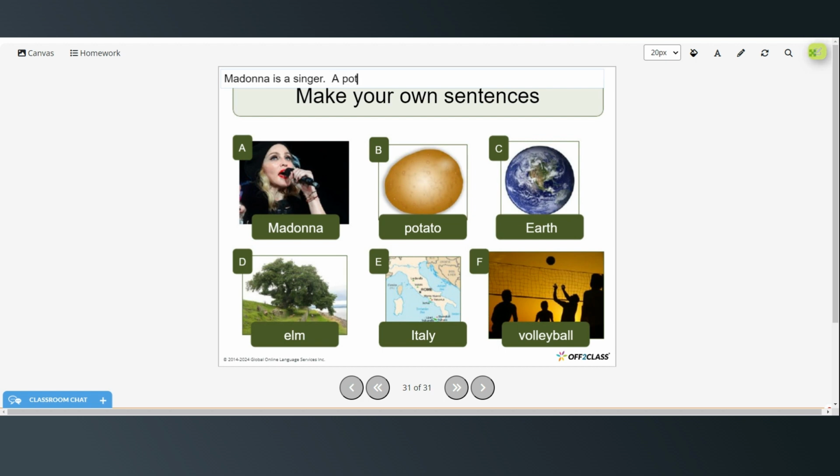A potato is a vegetable. Earth is a planet. An elm is a tree. Italy is a country. And volleyball is a sport.